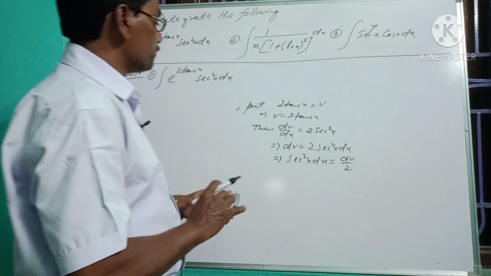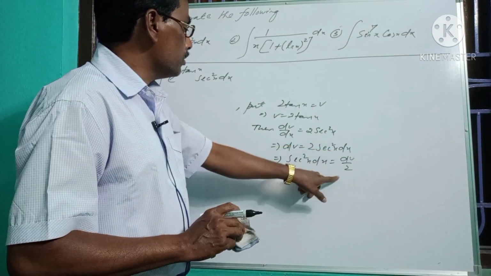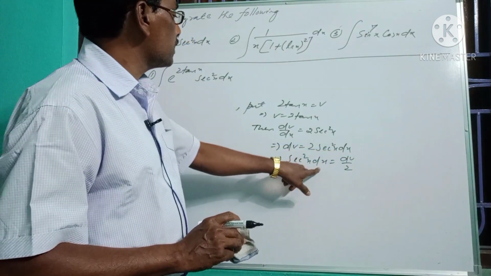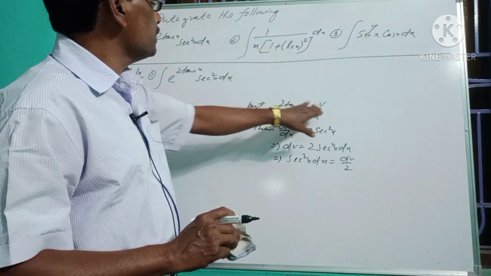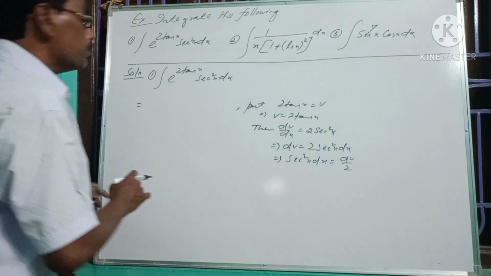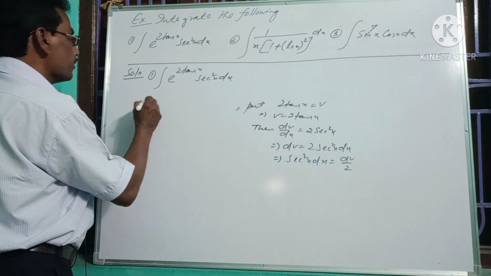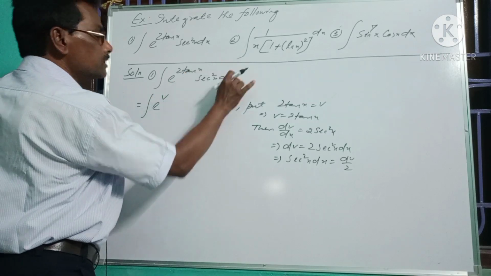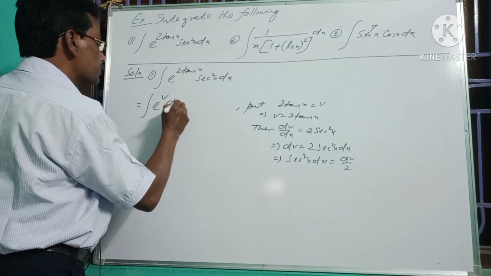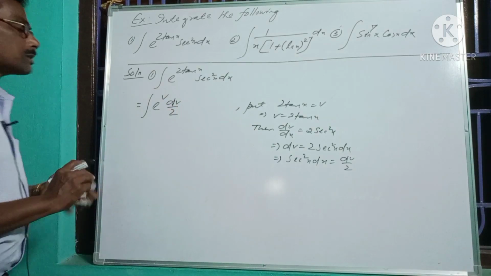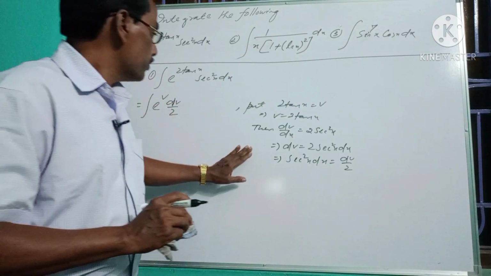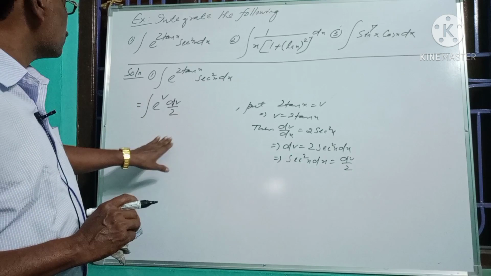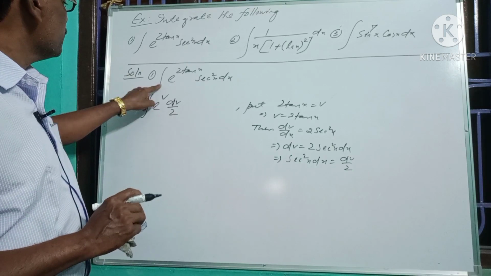So we got dv by 2 as sec square x into dx, and we substitute v as 2 tan x. So replacing, we have e to the power v, and in place of sec square x dx we have dv by 2. So after substitution and differentiation, the original integrand transforms into the integration of e to the power v dv by 2.